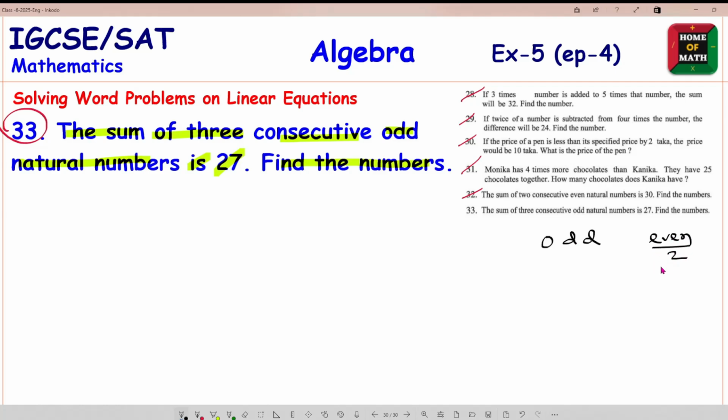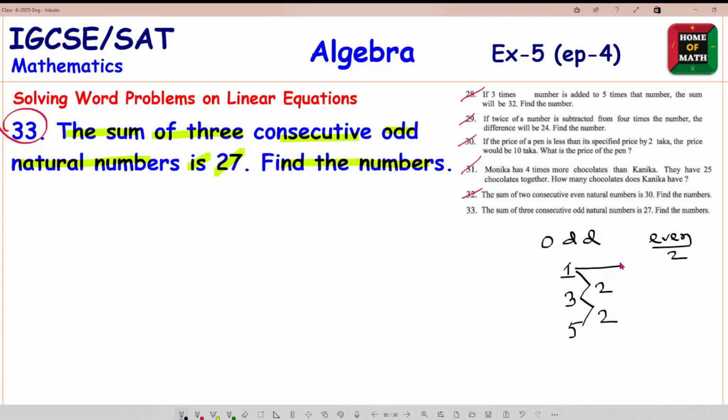Even we can divide by 2, odd we cannot divide by 2. So the sum of 3 consecutive odd numbers. Let's consider the first odd number is 1. So the next odd number is 3, and the next is 5. So the difference between each is 2.